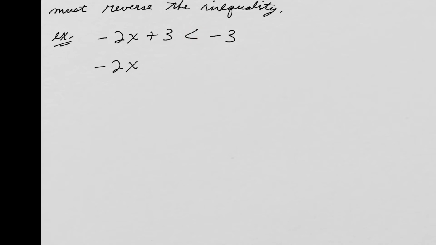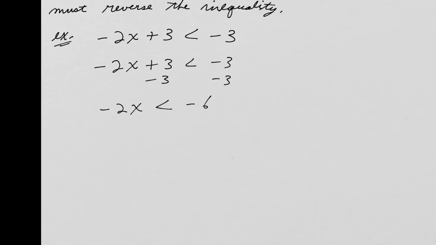So what do I need to do first? Normally I would get rid of that positive 3, so I subtract 3 because I want to isolate the negative 2x. Whatever you do to one side, do to the other side. Have I multiplied or divided by a negative? No, I just subtracted a number. That's fine. So this is still less than, and negative 3 minus 3 is negative 6.